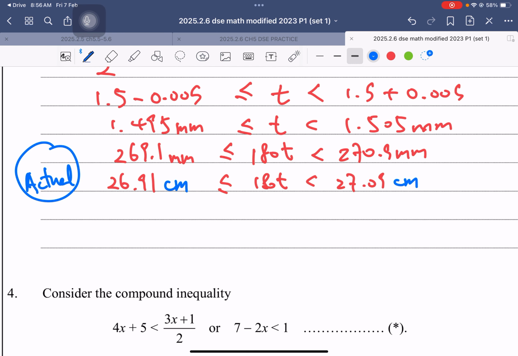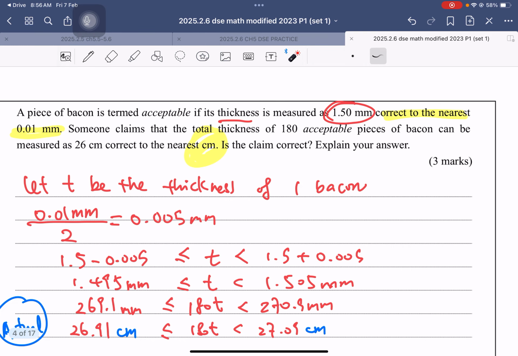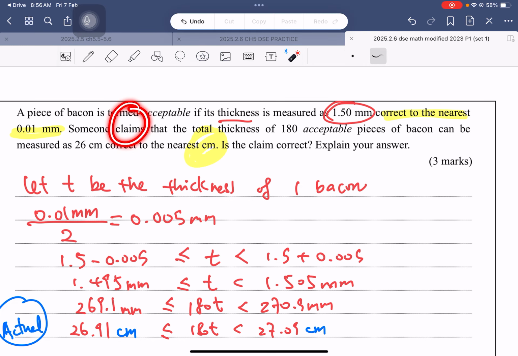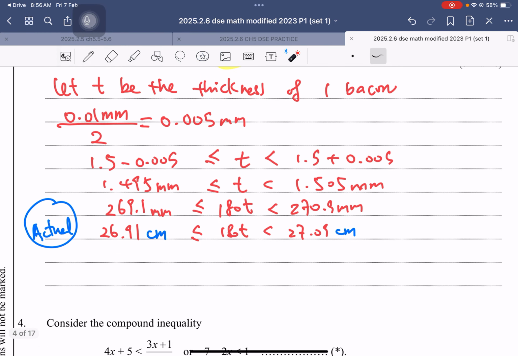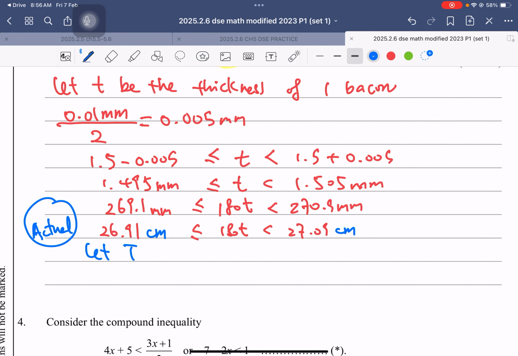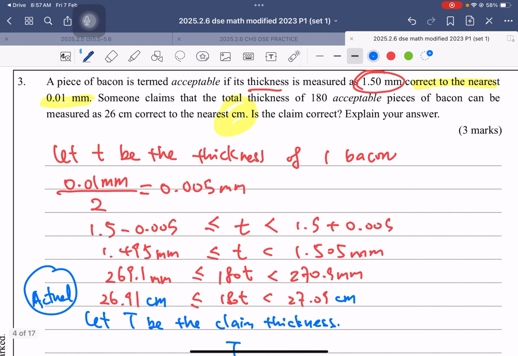And after that, we can see from here, you see the question, someone claims that it can be measured as 26 cm. So now you're calculating the claim range. Okay? So we let the big T be the claim thickness. Corrected to the nearest cm.